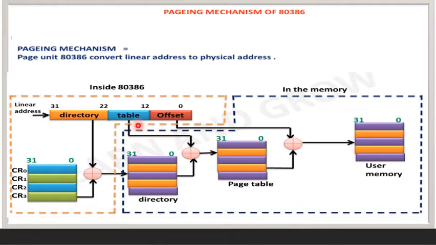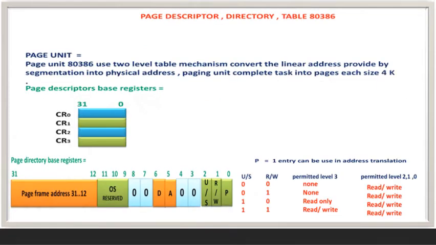The figure shows the complete paging mechanism. Let us now discuss the paging unit, and the page directory, descriptors and tables. The paging unit of 80386 has a two-level table mechanism to convert a linear address into a physical address.